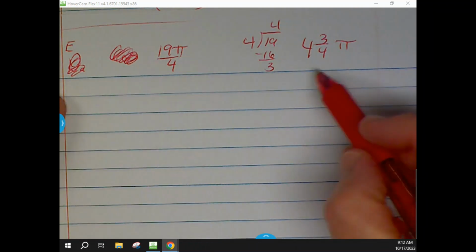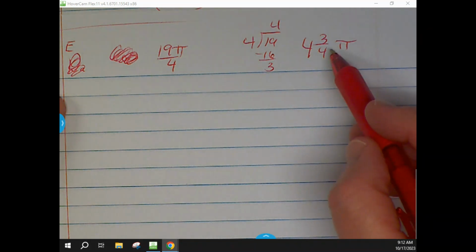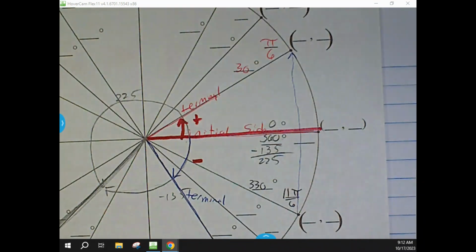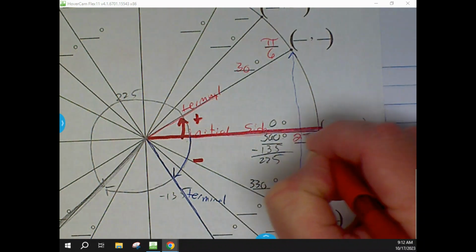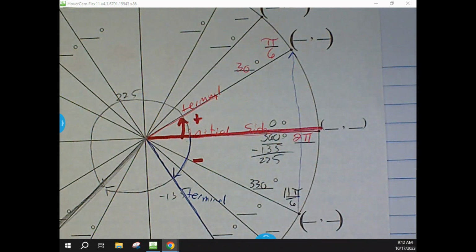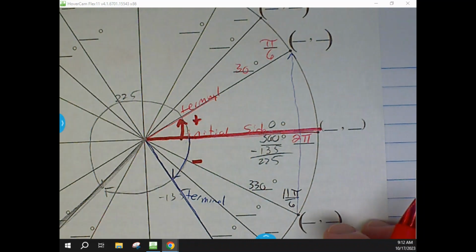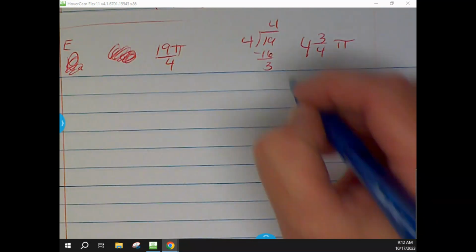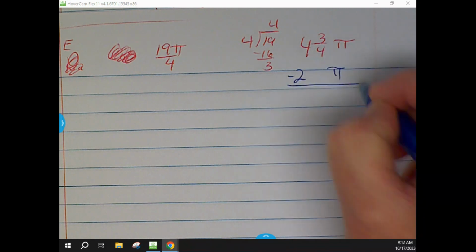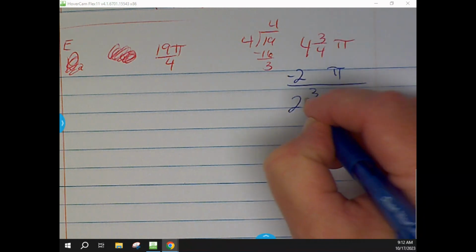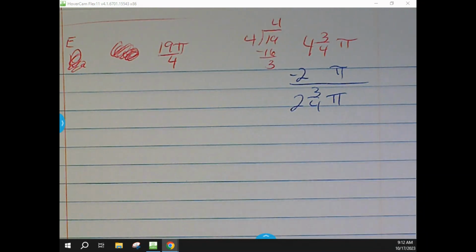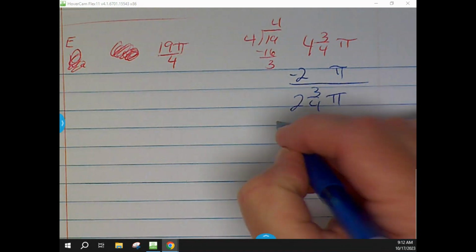Now, we don't have 4 3/4 pi on the chart, but here's what we want you to see. If you have 360, that number was 2 pi. So if they give us a number that's obviously bigger than 360, you can just take away 2 pi, and that leaves you with 2 3/4 pi. That's still too big, so we can take away another 2 pi.